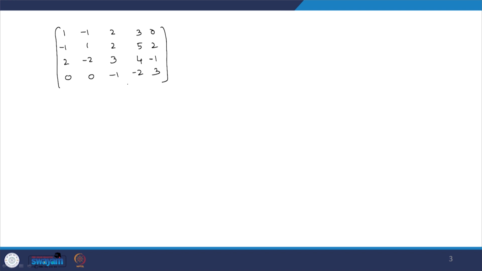So, the second row becomes 1, minus 1, 2, 3, 0, just adding, 0, 0, 4, 8, 2.